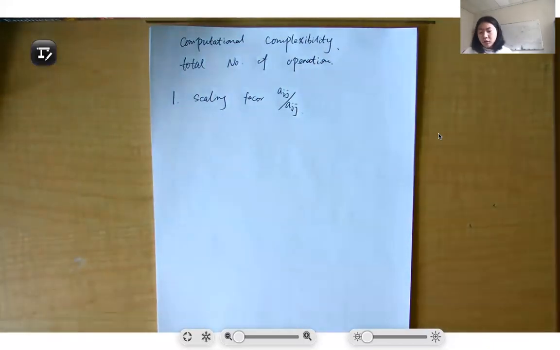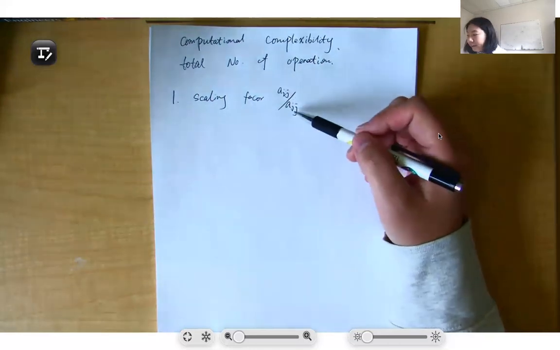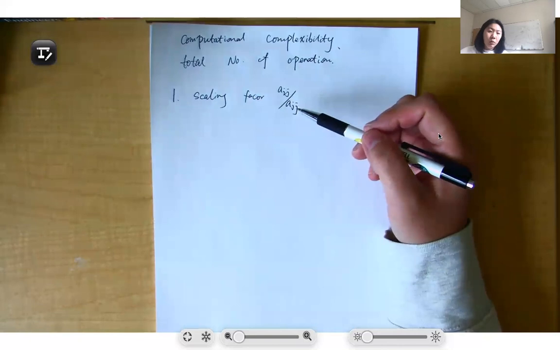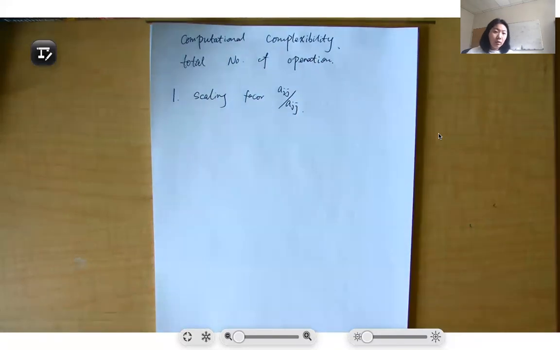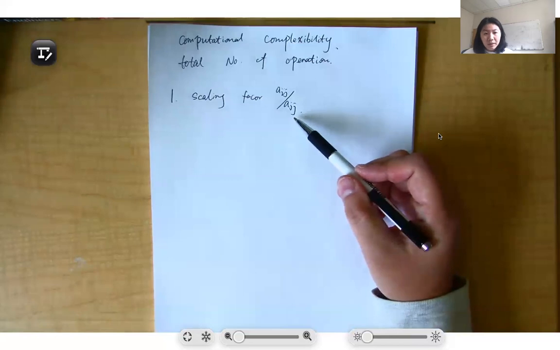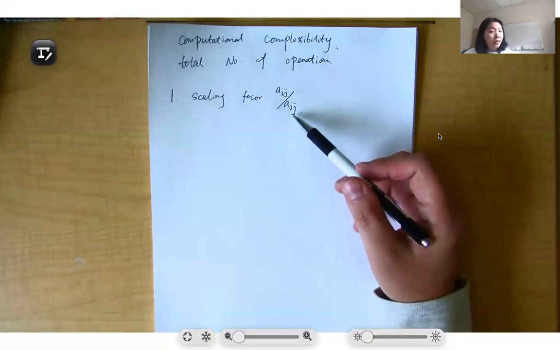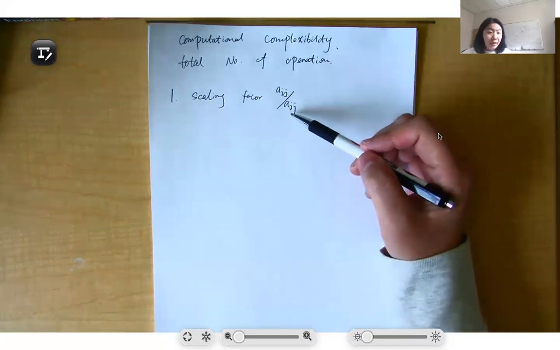The scaling factor is whatever element in your matrix divided by Ajj, where Ajj is on your diagonal. But after you do the row operations, or even before, that Ajj can be zero. If you have zero on the diagonal, Aij divided by Ajj won't exist.